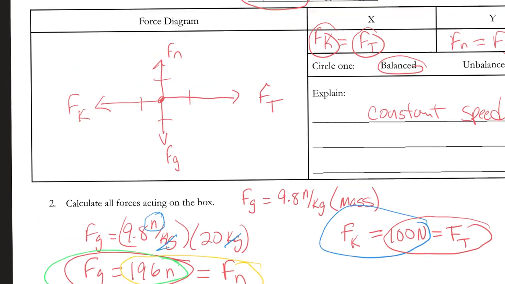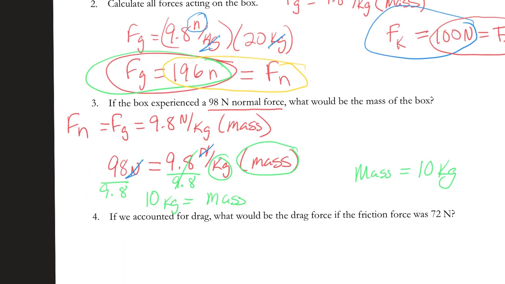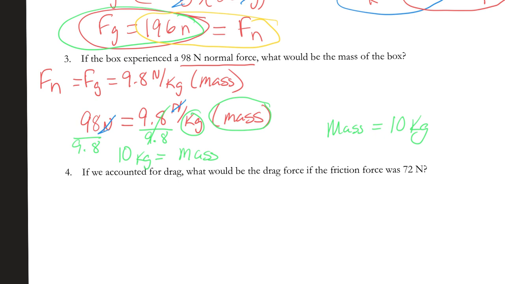So our friction force is also going in this direction. So now we're going to add in drag. I'm going to add another little arrow there. It's still going in the same direction. This is our drag force. So let's just do this in symbols.